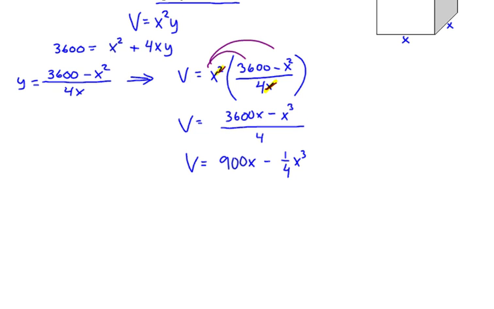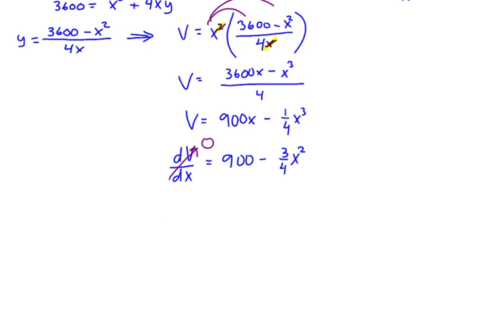So let's derive. With respect to what variable? x. Yes. dV/dx is equal to 900 minus 3/4 x squared. Good. And what else do we know for maximizing our volume? dV/dx is 0.